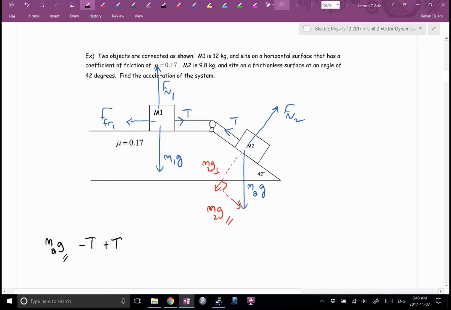What else? Minus friction force number 1. There's all of the forces along the rope. What's that going to equal? I got to be fussy, not MA. M all A, because we got forces from more than one mass, right?